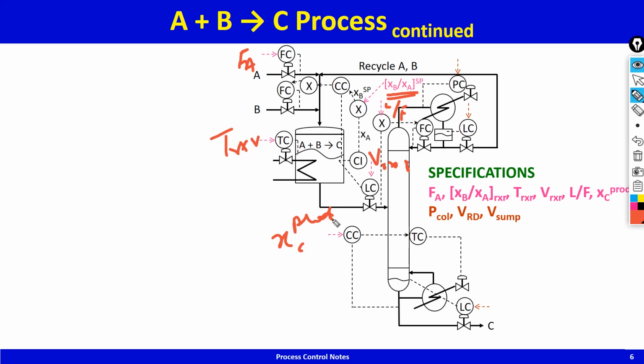See, these are the 6 steady state specifications, and then of course you've got P-call, volume of the reflux drum hold up, and volume or hold up of the bottom sump, V sump. So see, this control structure corresponds to these specifications and these loops.